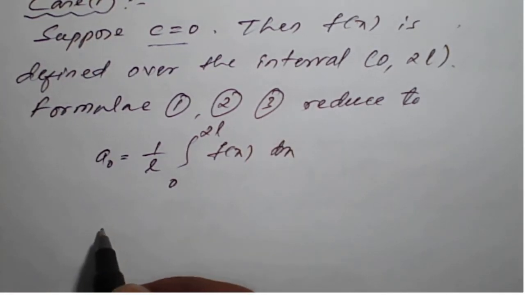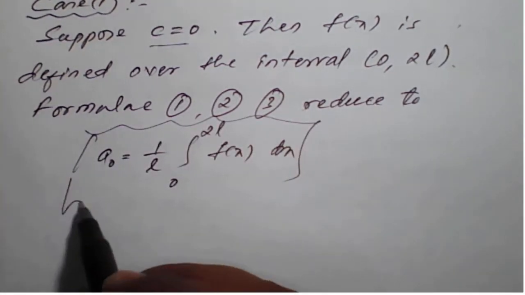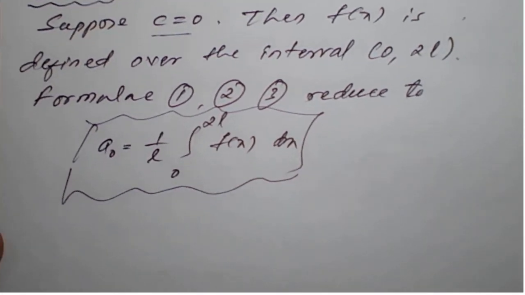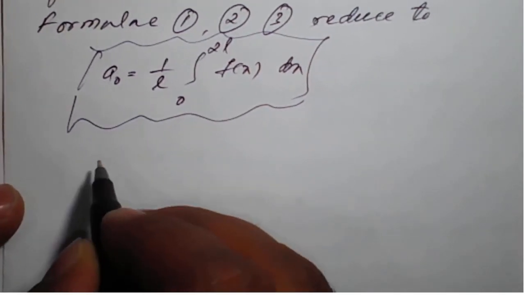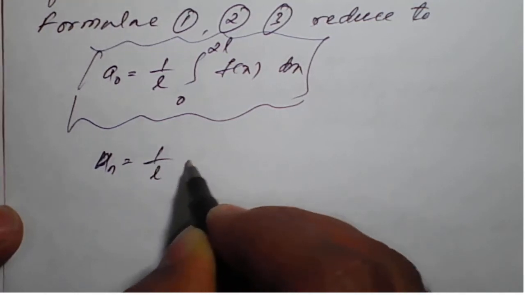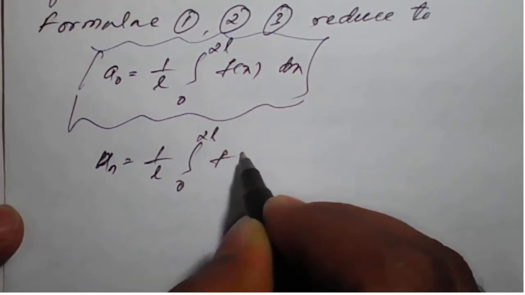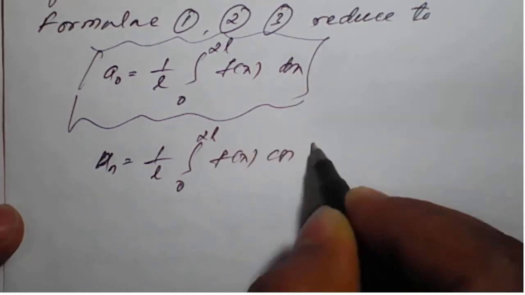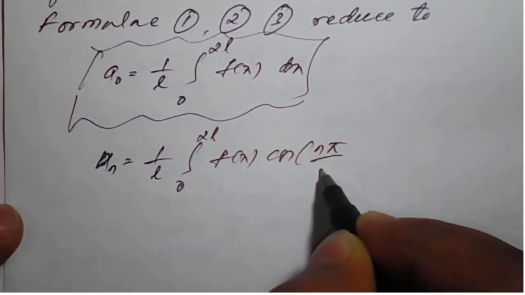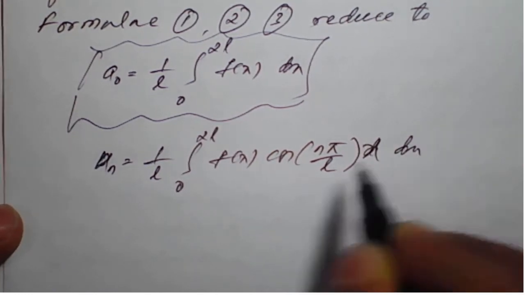This is the first formula. Then the second formula, that is the an formula: an is 1 upon l integration 0 to 2l f of x cos of n pi upon l into x dx.